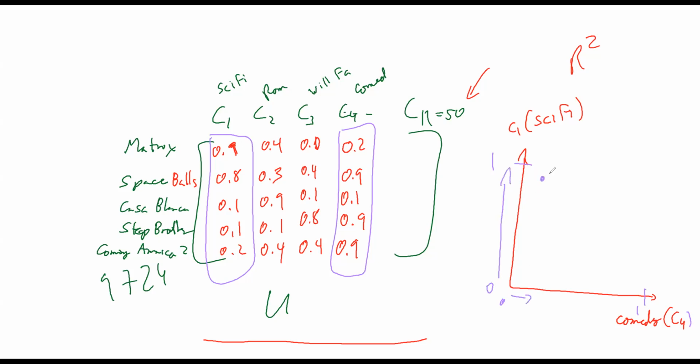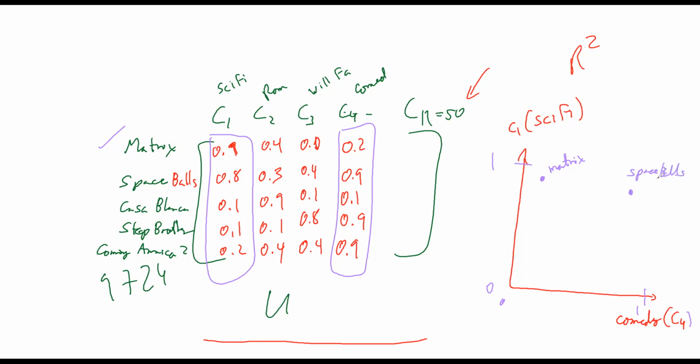So about here, would you say that's where it goes? Right, so that's the Matrix, done. Let's look at Spaceballs. Spaceballs is 0.8, a little bit lower on sci-fi, and comedy is actually 0.9, really high too, right? So Spaceballs.